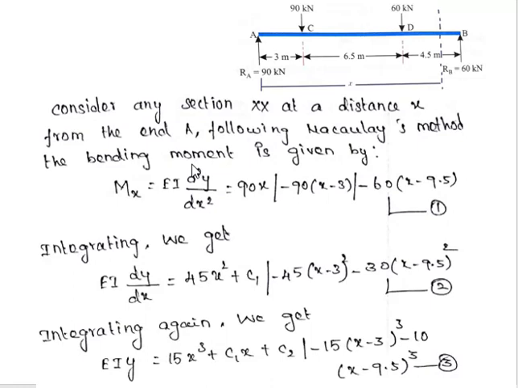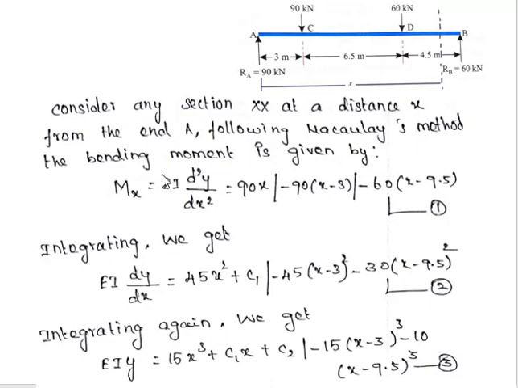If you integrate the bending moment equation once, you get the slope equation, and if you integrate the slope equation again, you get the deflection equation. So this bending moment equation is the most important equation in Macaulay's method. I integrate the first equation to get the slope equation.